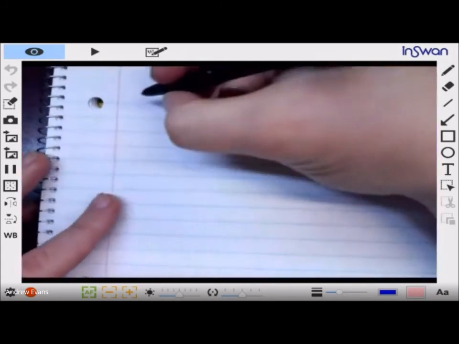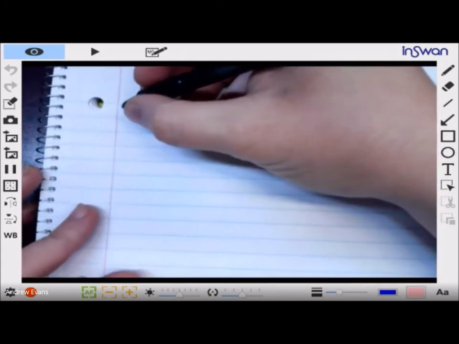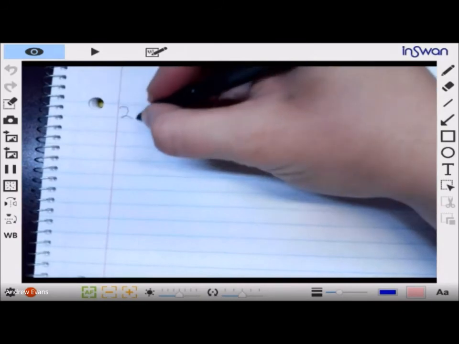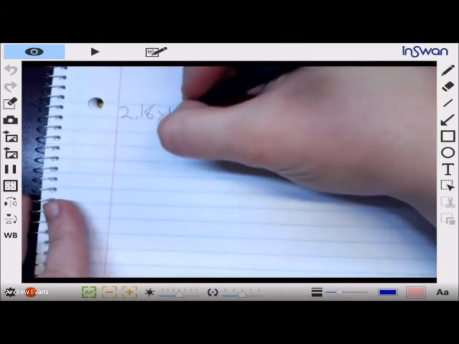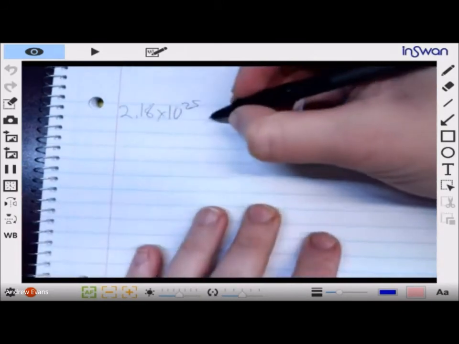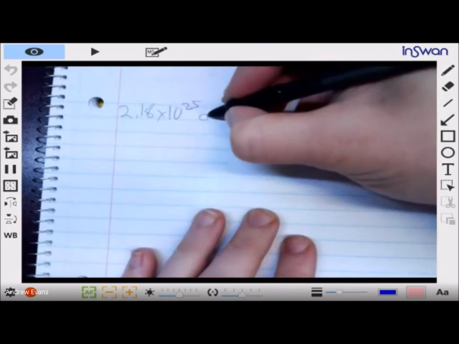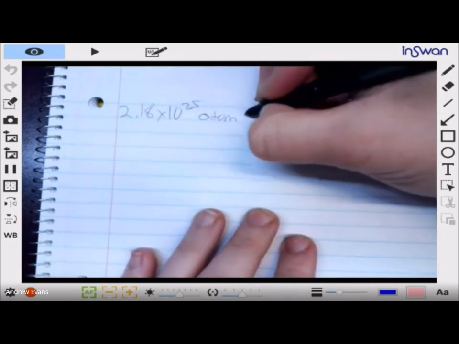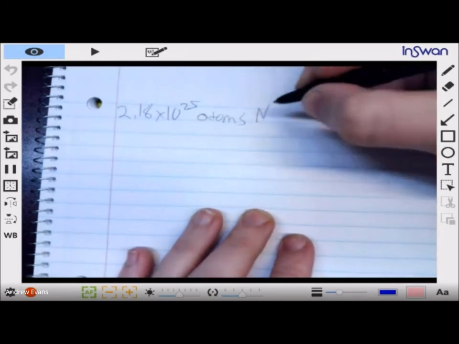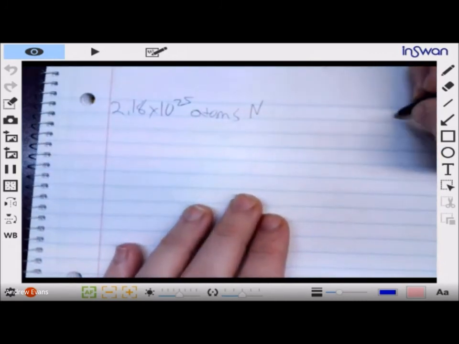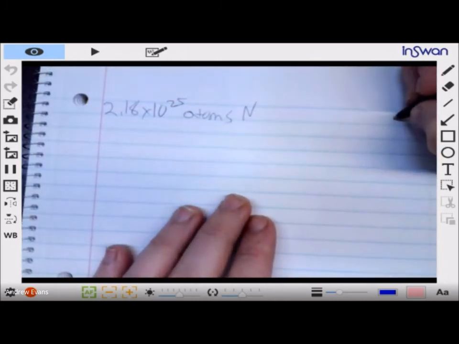If I had 2.18 times 10 to the 25th atoms of N, how many grams of N would that weigh?